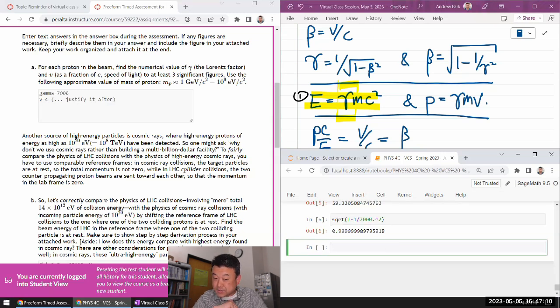When I do this calculation, I think it's easier to express it this way. Let me do 1 minus this, and it'll give me the number in scientific notation. It is within one part in 10 to the 8 of 1. So if they say to at least 3 significant figures, this number is 1.